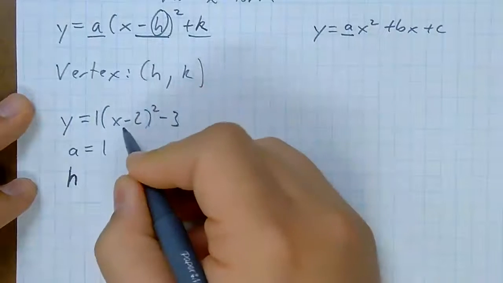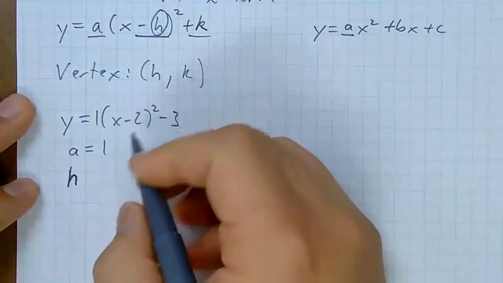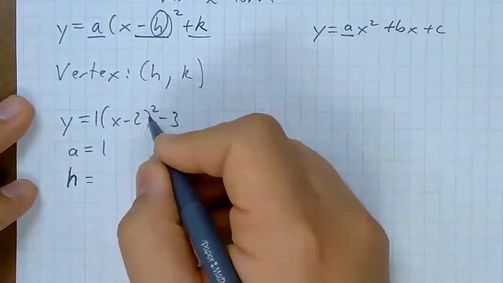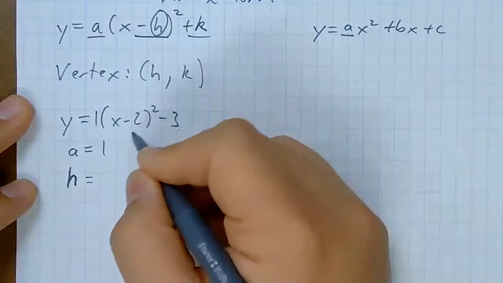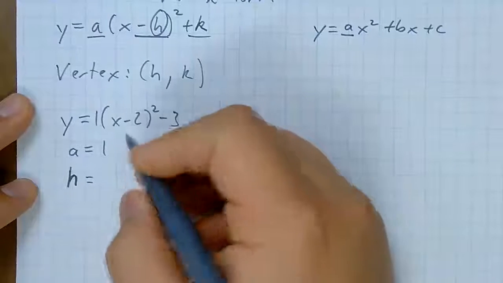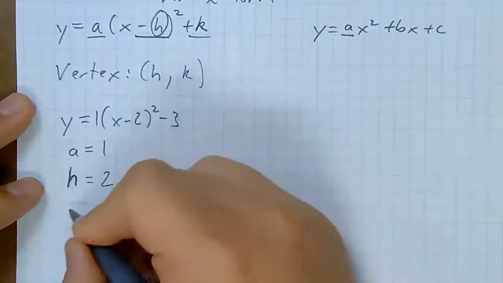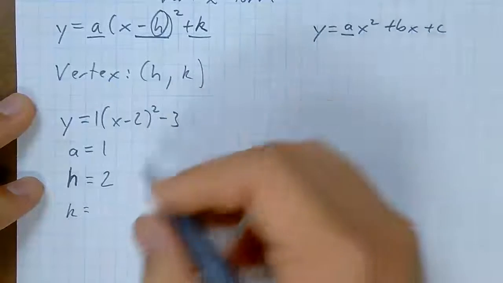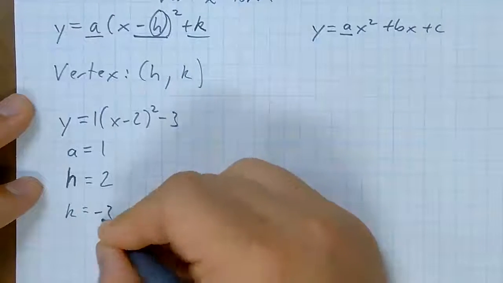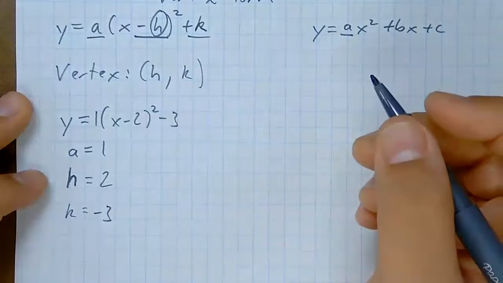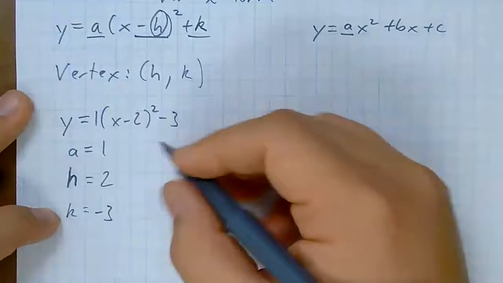H, this is x minus 2, so h equals a positive 2. You can think of h being the opposite of what you see here. We have a minus 2, so this is a positive 2. H is 2, and then k is exactly what you see, so that's negative 3. So a equals 1, h equals 2, k equals negative 3.